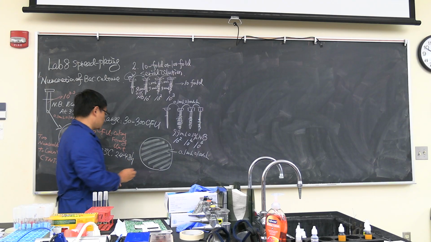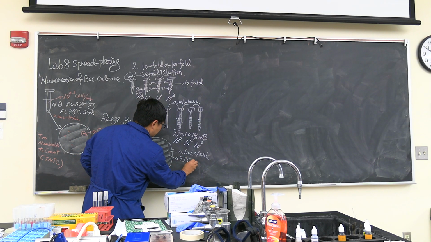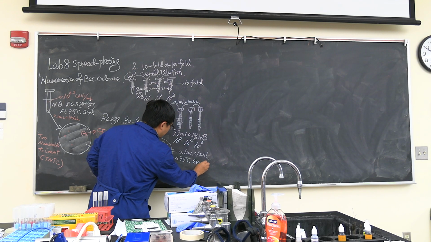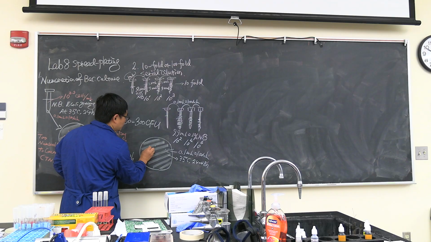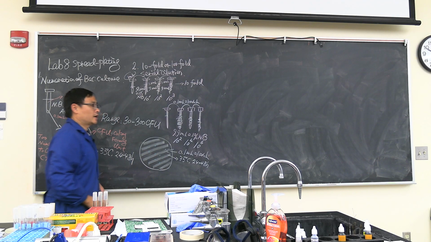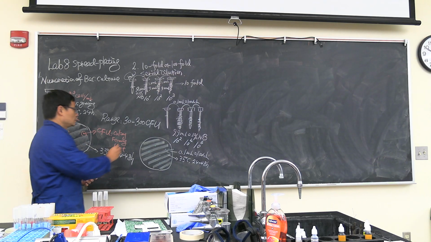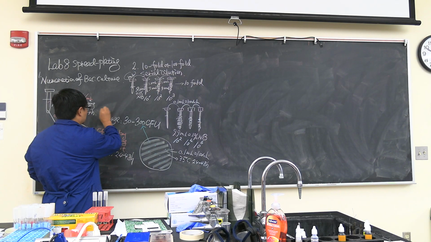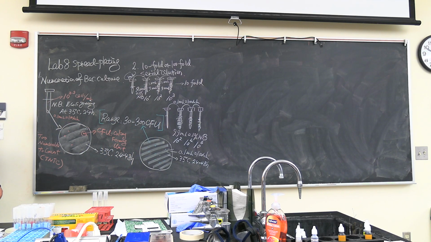These plates, we incubate at 35 degrees Celsius, 24 to 48 hours. We hope they will form colonies, and we also hope one of the plates will fit the countable zone of 30 to 300 CFU.